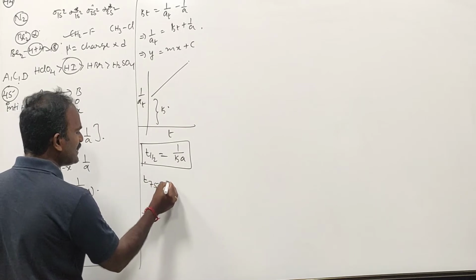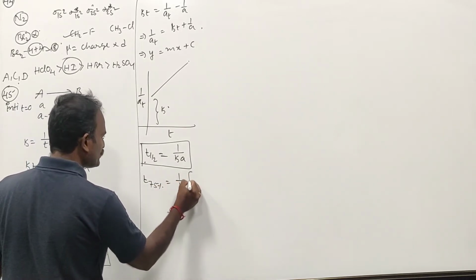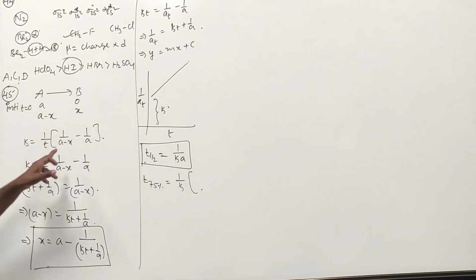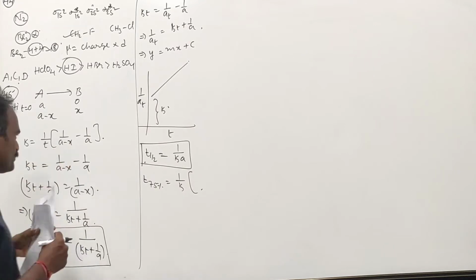t 75% equals 1 divided by K. Now 75% will be completed, which means 3A by 4 is finished, x equals 3A by 4.